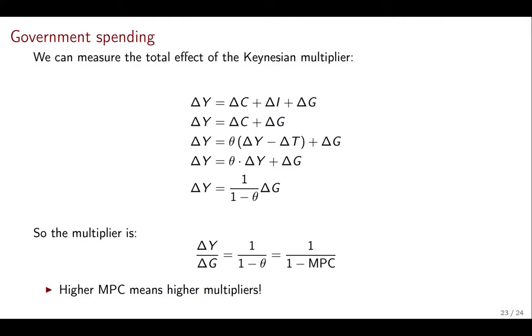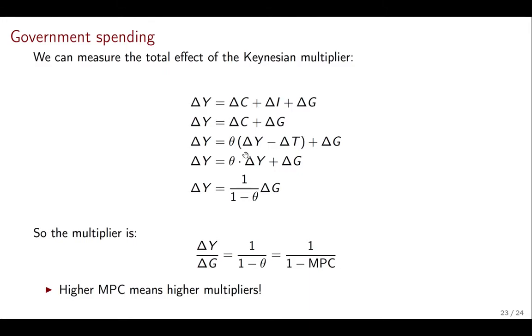Not only is it a number greater than 1, we also know that the higher the MPCs are, the higher this multiplier will become. And that should make a lot of sense, because this multiplier effect of more consumption is going to be stronger the more consumption reacts.